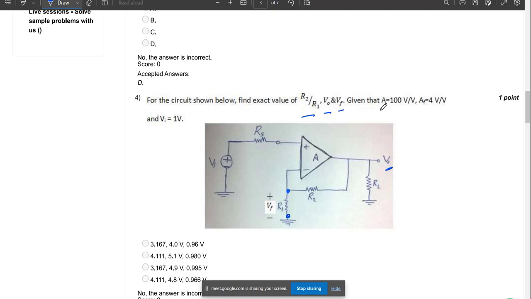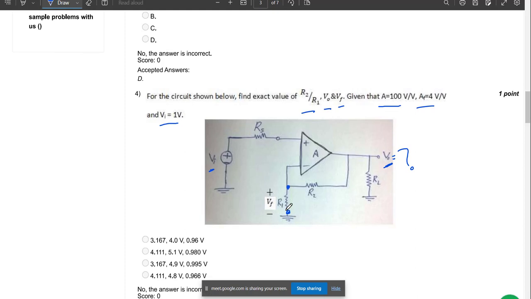Given that A is 100 volts per volt, and AF, the closed loop gain, is 4 volts per volt, and the input voltage Vi is 1 volt. Vo is not given to us, so we have to find Vo, Vf, and R2 by R1.